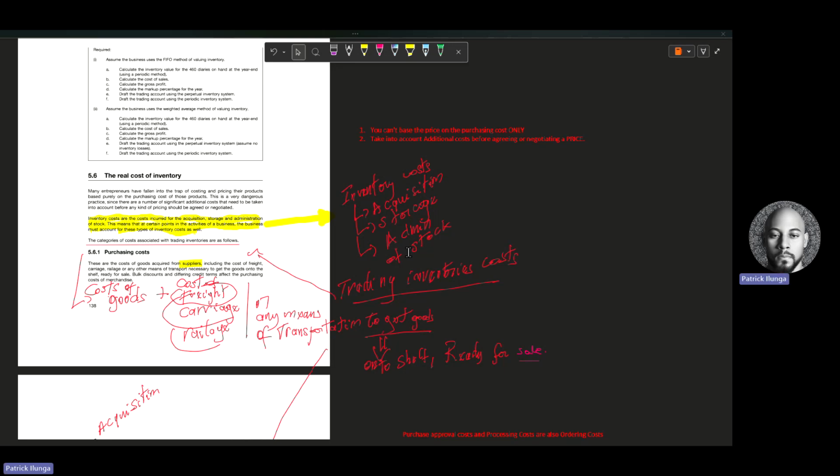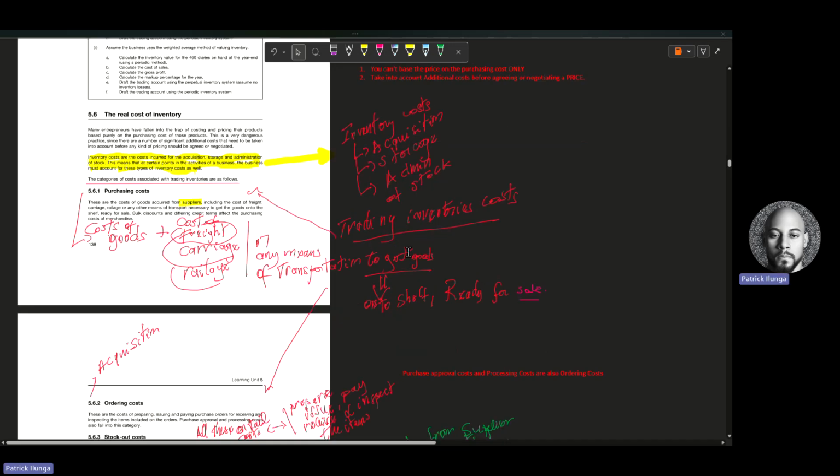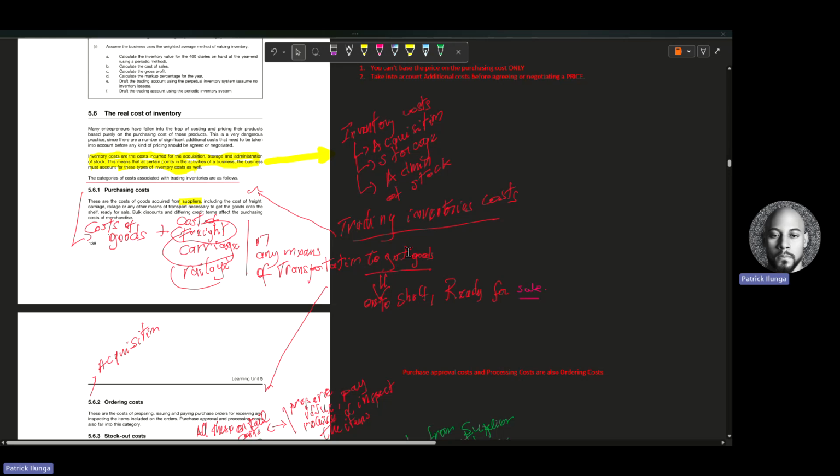All right, so all these things are parts of what we call inventory costs. We need to take into account all of these things.